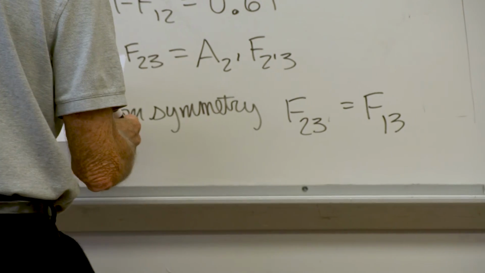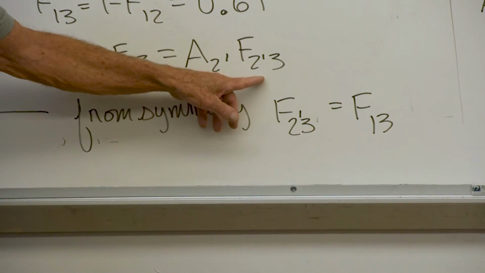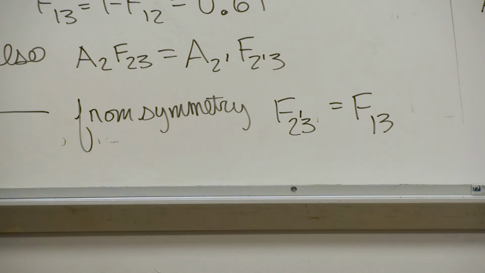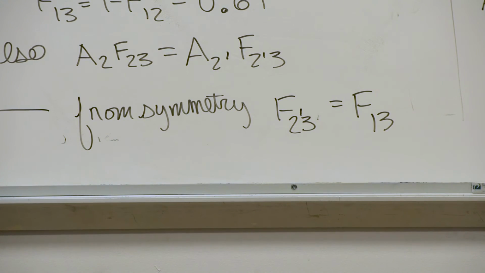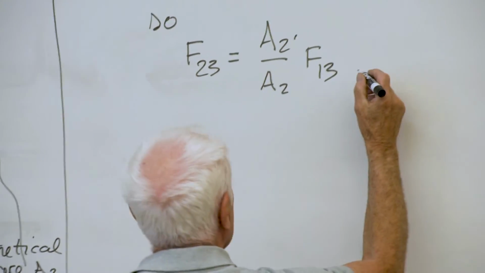I replace this F2 prime 3 here. That should be 2 prime 3. I replace that F2 prime 3 with F1 3 because of symmetry. There it is right there. I've got F1 3, it's right here, 0.61. I know both these areas.